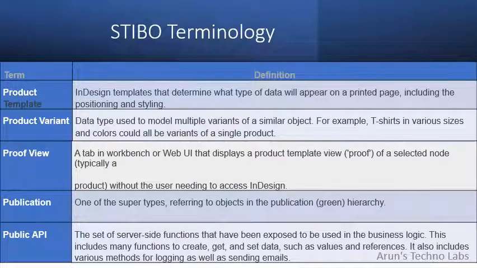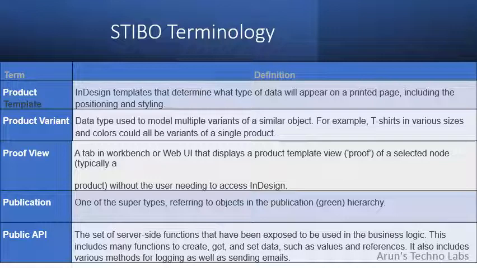Product template is a design template to determine what data appears on the printed page, either in positioning or in styling. A product variant is, to say, like the t-shirts: what size, color.